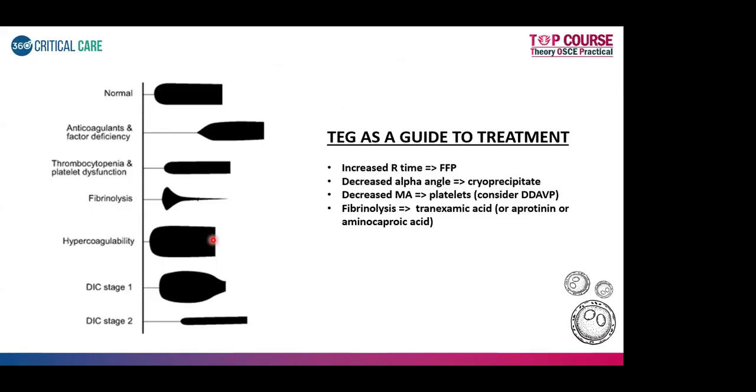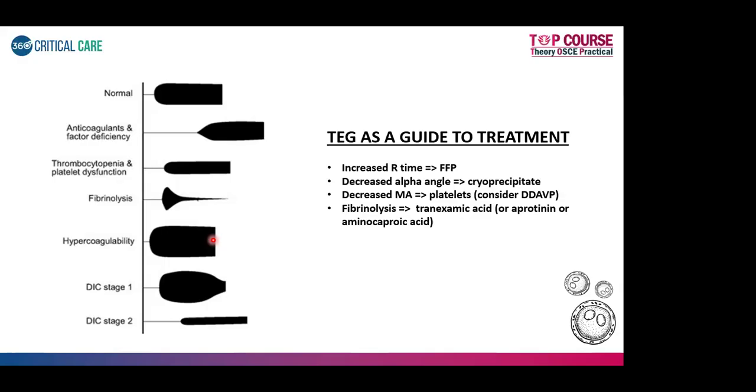Can anyone tell me what is DDAVP? Desmopressin. Where do you use it? When the functionality of the platelet is depleted, when the patient is on aspirin or antiplatelet medications, and in uremia, azotemia, renal dysfunction with coagulopathy. In these cases the von Willebrand factor and platelet interactions would not be proper.